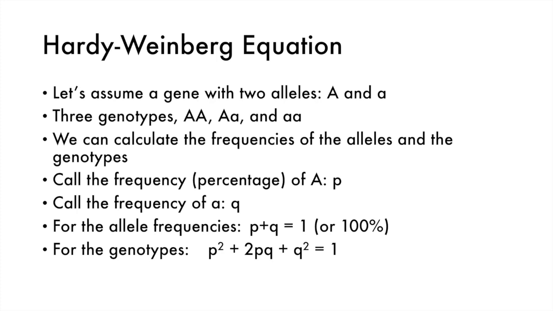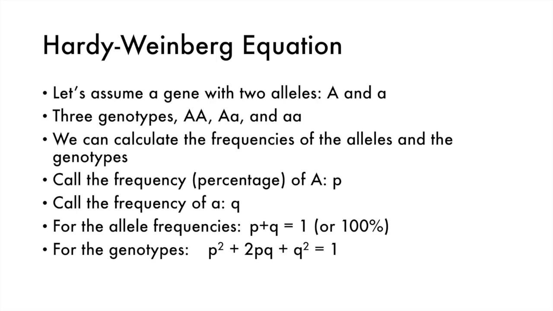Okay, so we can calculate the frequencies, or really the percentages of the alleles and the genotypes. So we'll call the frequency, or the percentage of the total number of alleles in that population as big A, p. We're going to call the frequency, or the percentage of little a alleles in the population, q.